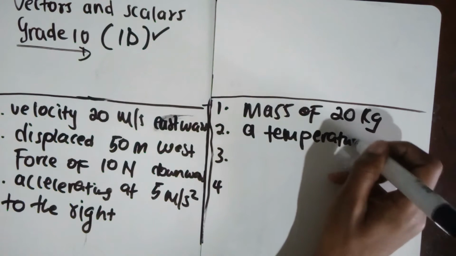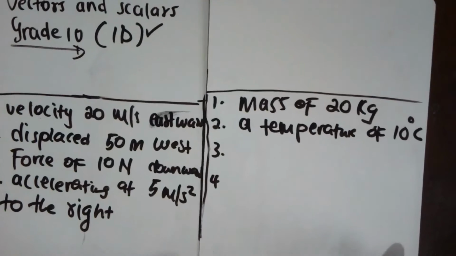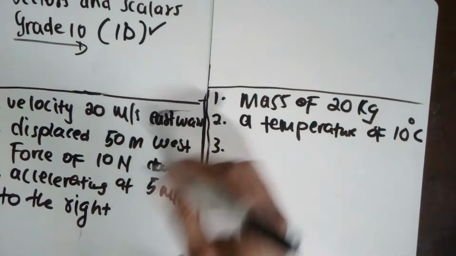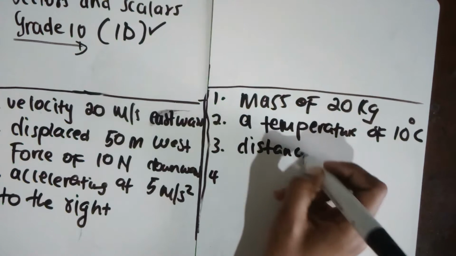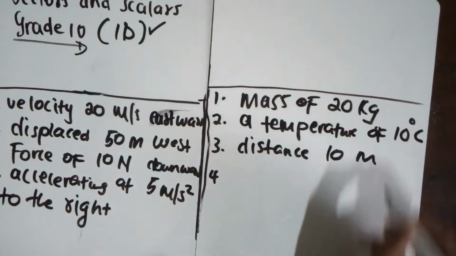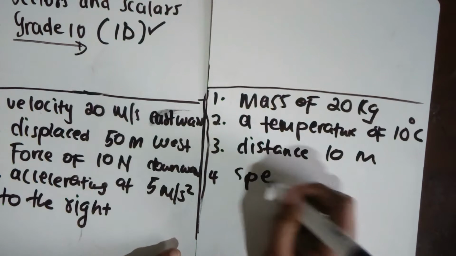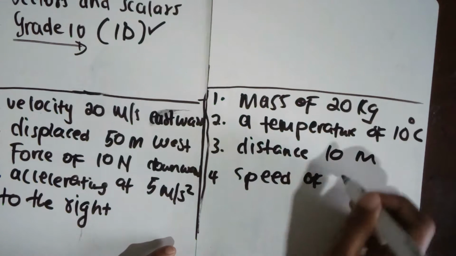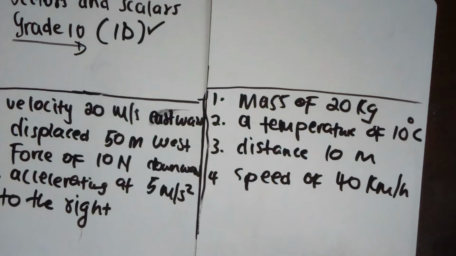Then maybe it says that you traveled a total distance of 10 meters. And lastly, it may say that you were traveling at a speed of 40 kilometers per hour. Just stay with me. This is all going to make sense.